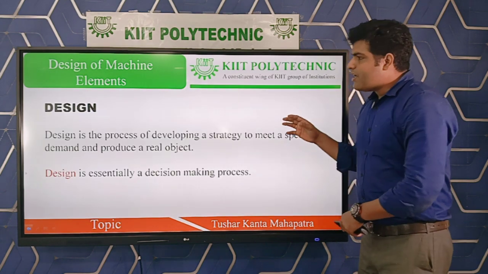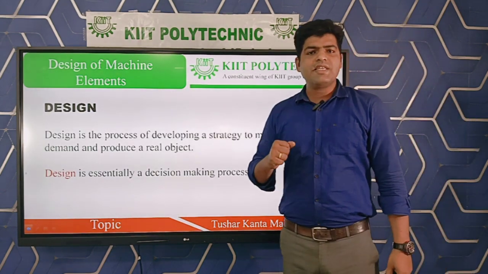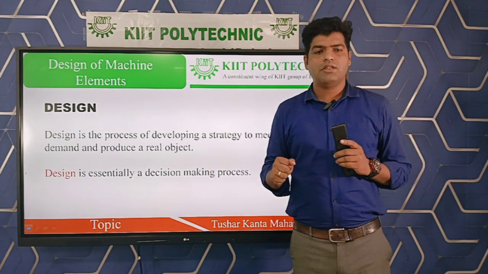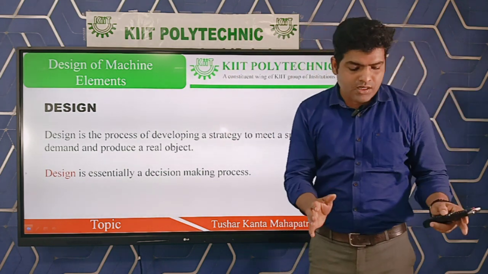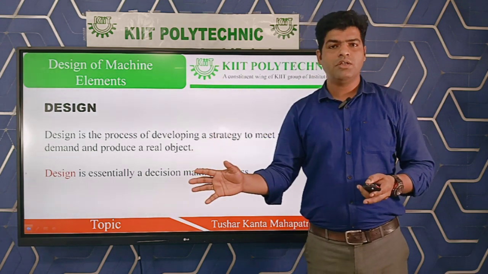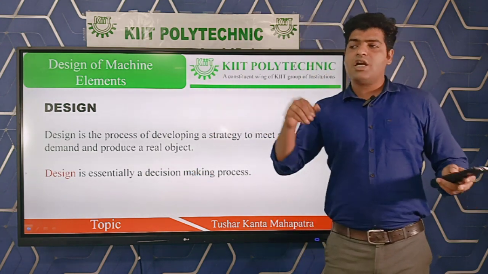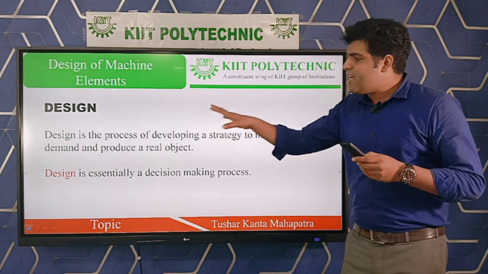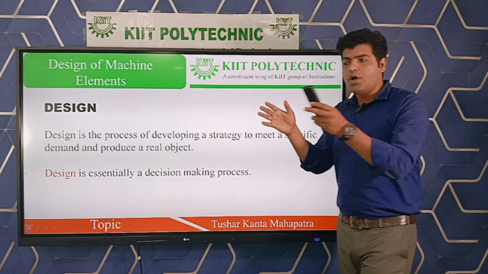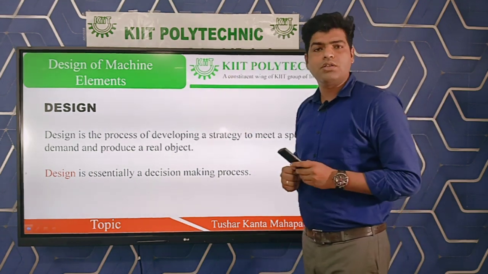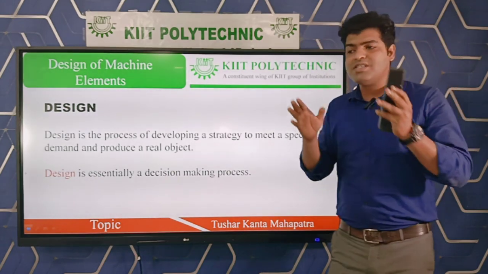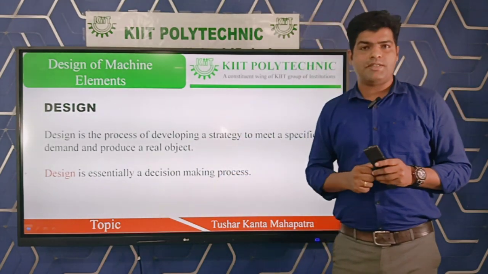Then design. What is design? If we think of an object, I just draw that object on paper. We call that a drawing. The drawing is converted into design. That means design is the process of developing a strategy. Before we design a product, we first think about the main strategy, the main aim of that object.